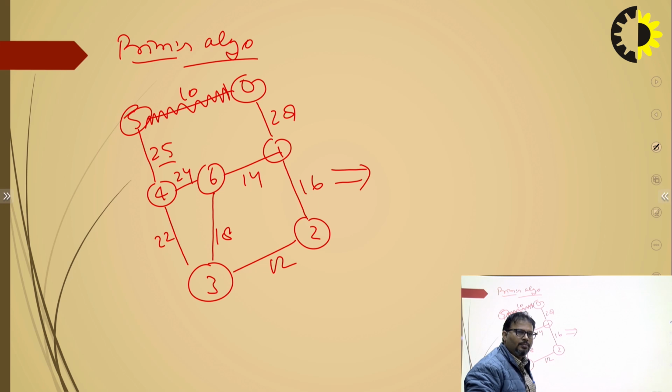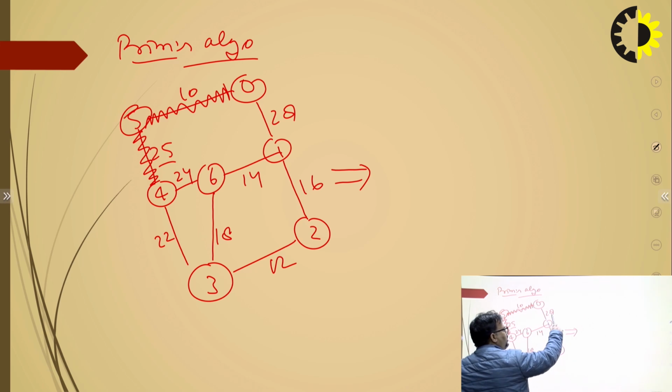Which is the minimum? Minimum is 25. Again we consider 0 to 1 is 28, 4 to 6 is 24, and 4 to 3 is 22. Which is the minimum in these values? 28, 24, 22.